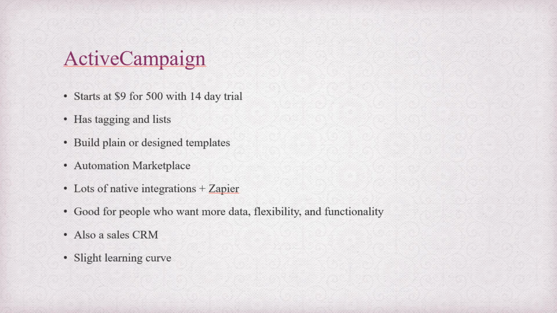They also have an automation marketplace, which doesn't necessarily mean that everything is for sale, but you can download pre-made automations from other people. So there's like several for creating a welcome sequence, and all you have to do is fill in a few blanks, and then bam, you can have your own welcome sequence all coded up in the automation thing for you.